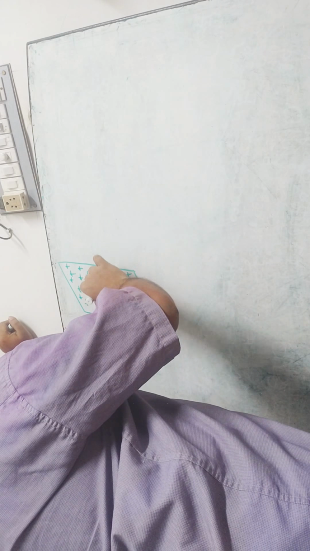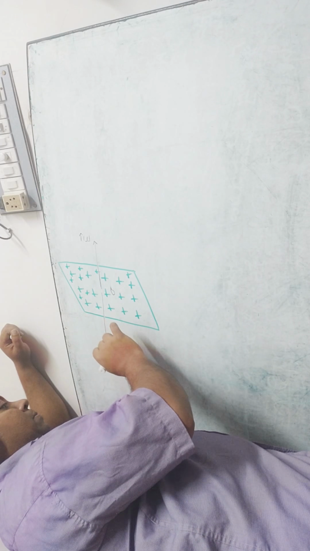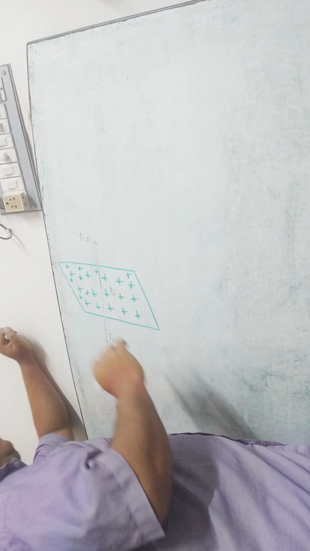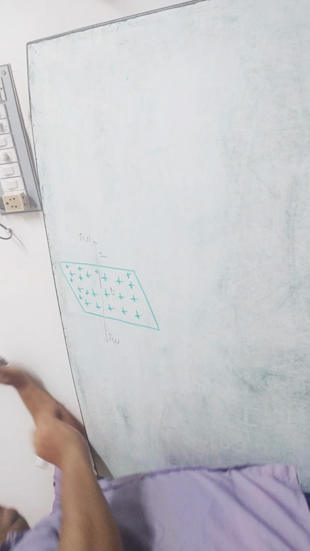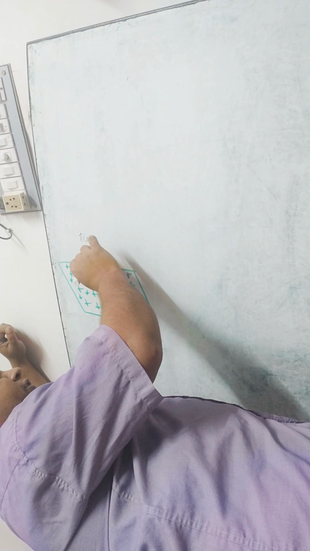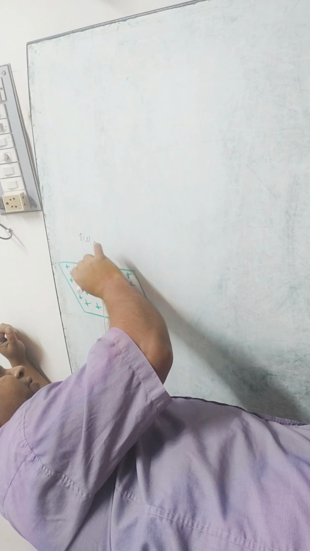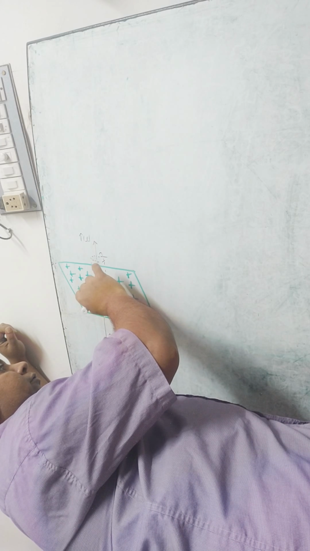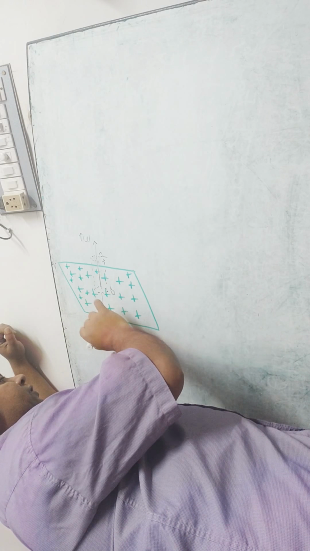Now the electric lines of force come out from the conducting surface in both directions. Therefore, for the electric field at a point P near the surface, similarly we can draw a cylinder.